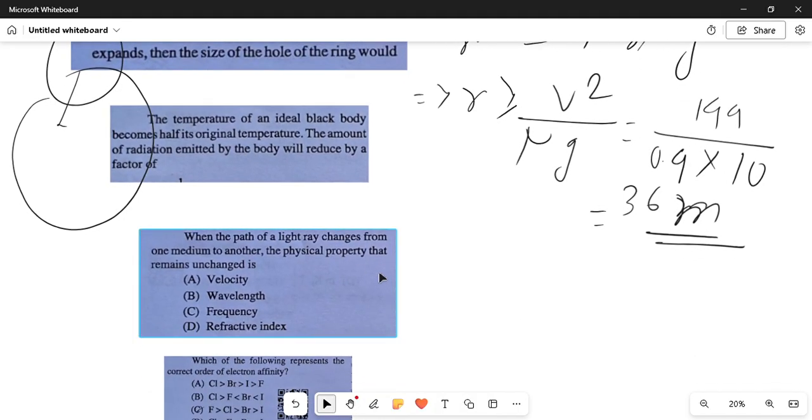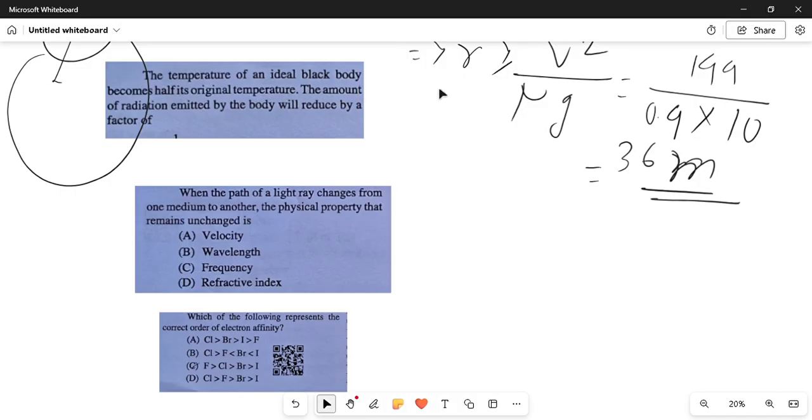Then the temperature of an ideal black body becomes half of its original temperature, and the amount of radiation emitted by the body will reduce by a factor. We always know that for black body radiation, from Stefan's law, the radiation emitted per unit area per unit time, P, is equal to sigma T to the power 4.